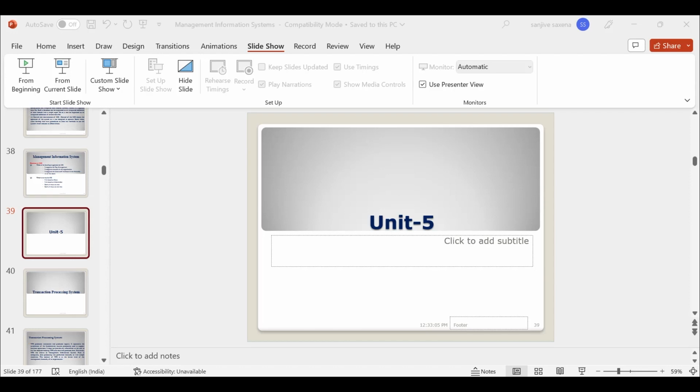Question number: MIS is greatly impacted by technology which is being used to manage the system, people in the organization, the type of the organization, processes used. Correct answer is all of them. Right? Uses executive, all of them.